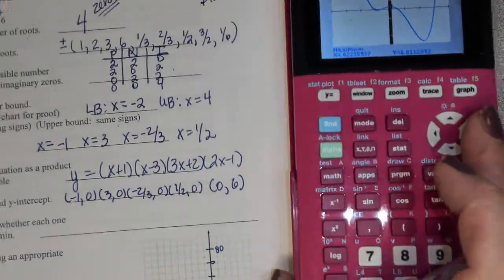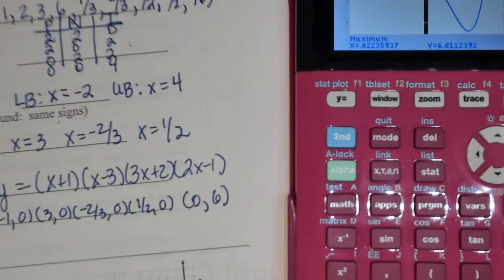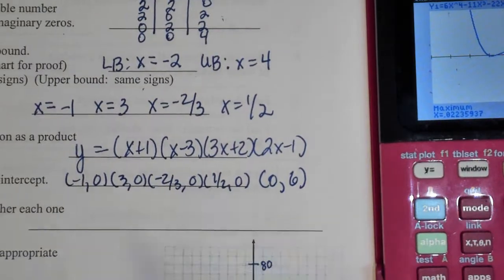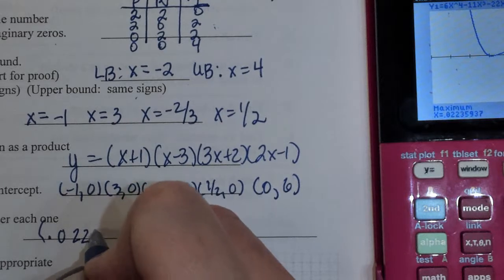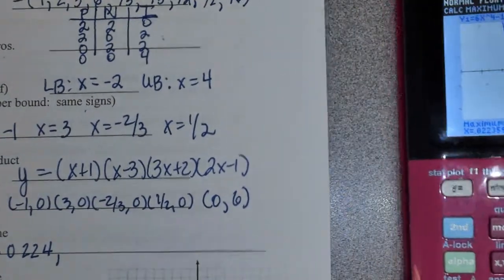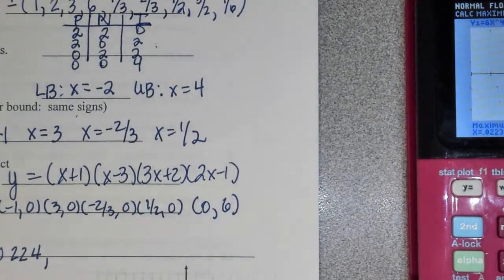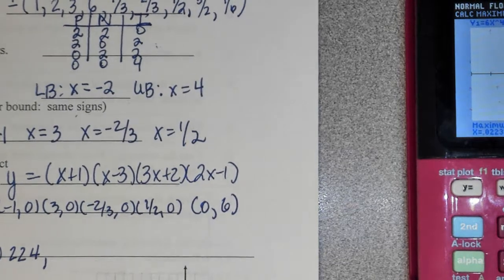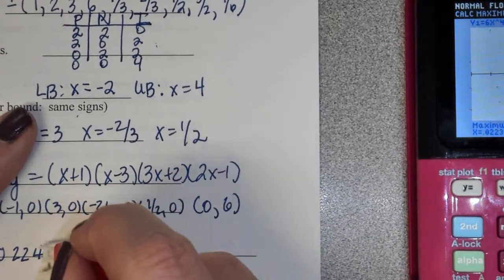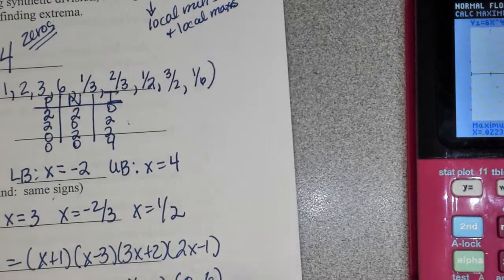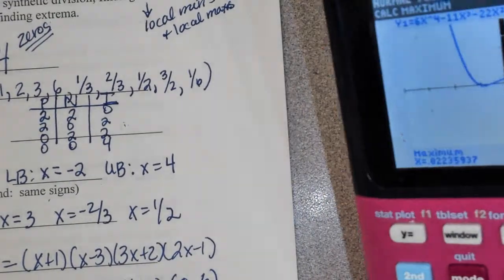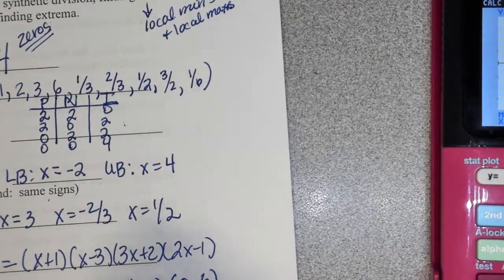And so my first max is at 0.0224. Oh, sorry, it says 2 decimal places. And it's 6.01.